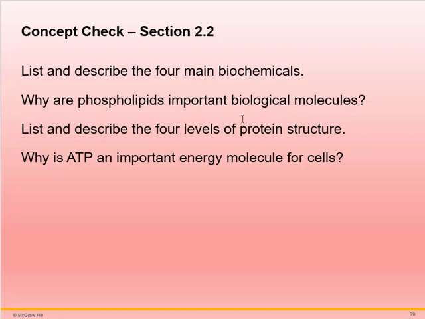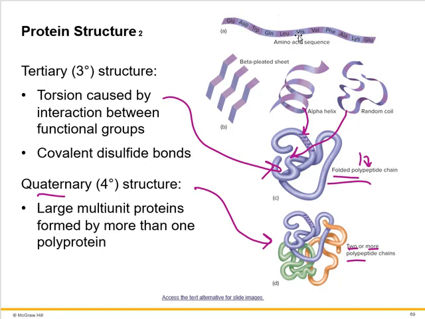List and describe the 4 levels of protein structure. So what they're talking about here is these 4. If you just have a single chain, it's a list of amino acids. That's a primary structure. When you start to have the pleated sheets and the helical shapes and the random coils, those are the secondary structure.